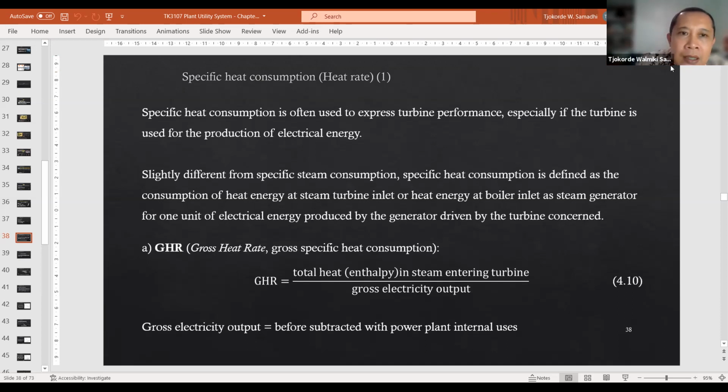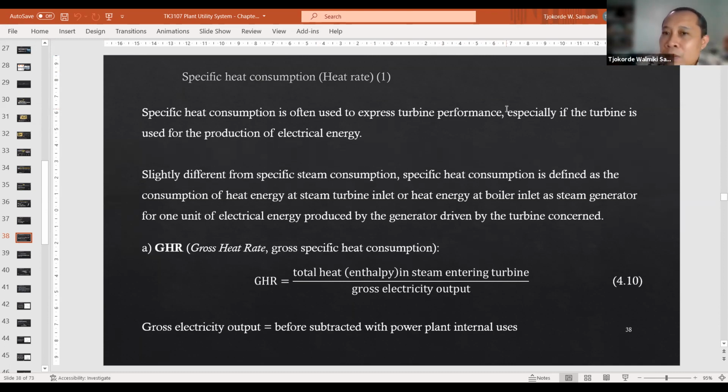Specific heat consumption is often used to express turbine performance, especially if the turbine is used only for producing electrical energy. Ya, jadi besaran specific heat ini, besaran heat rate ini lazim digunakan hanya kalau steam turbine-nya digunakan untuk produksi listrik.